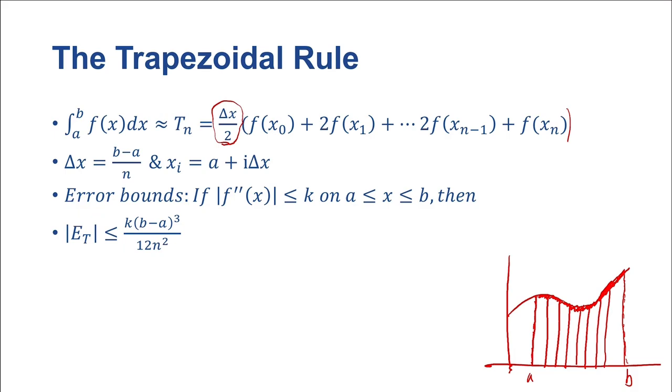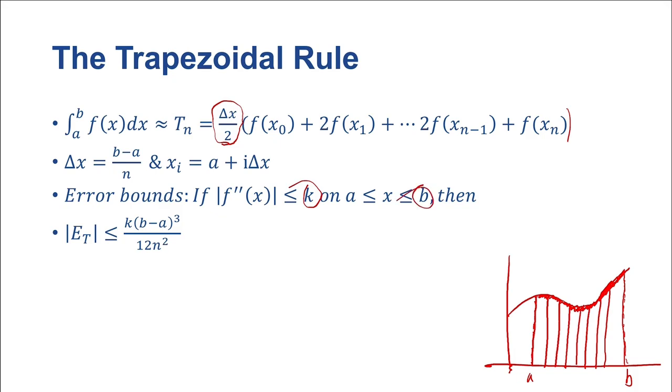And of course, n is the number of subintervals that we have, and k is this value here, which is usually like the upper value of f double prime on our integration bounds.